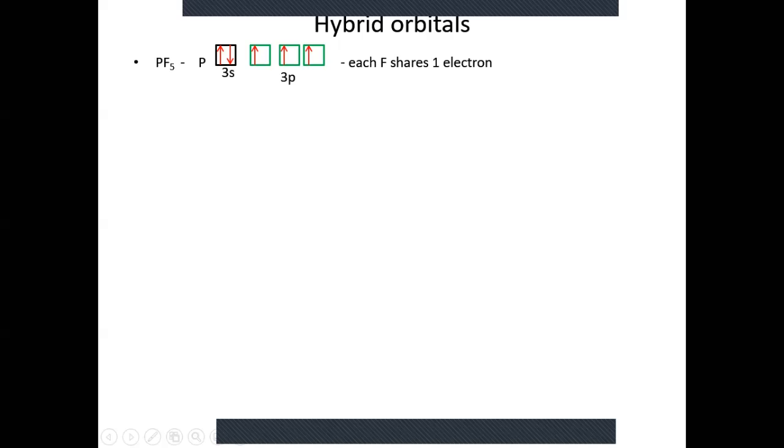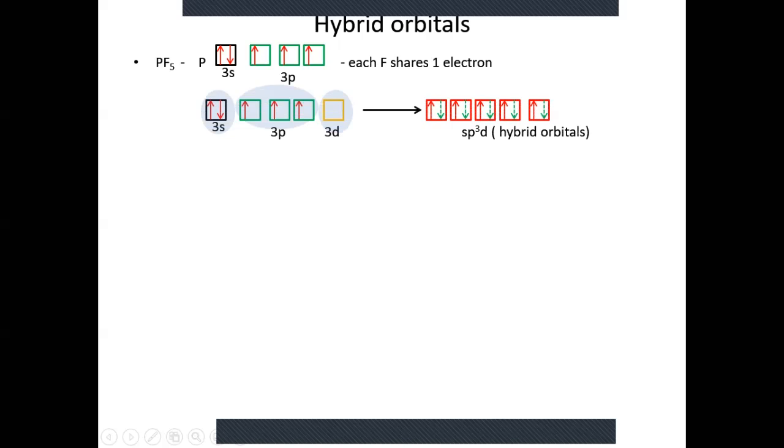There's only 3 of them. There's not a 4th one. So what do we do? We take one s, three p, and one d orbital to form 5 sp3d hybridized orbitals. So again, s is 1, p is 3, d is 1, that adds up to 5.